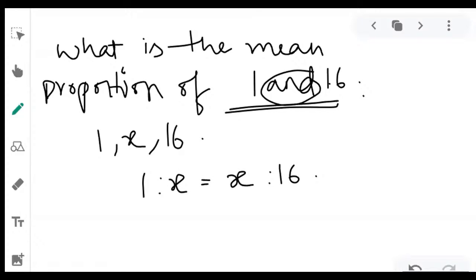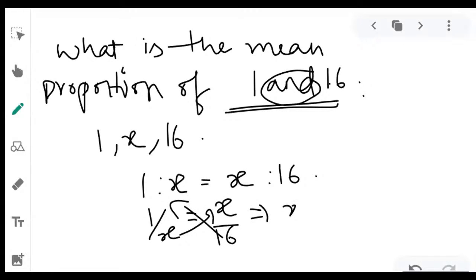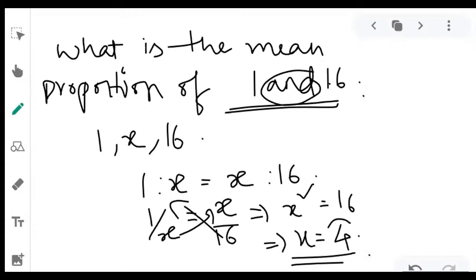What is the value of x then? 4. So 4 is the mean proportion of 1 and 16.